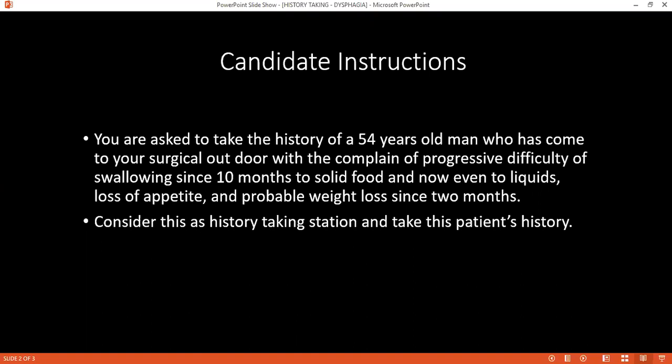Yes, ma'am. For the diagnosis, I will do some blood investigations in which I will check CBC, LFTs, RFTs, and clotting profile. I will do a chest X-ray, erect chest X-ray, and abdominal X-ray.